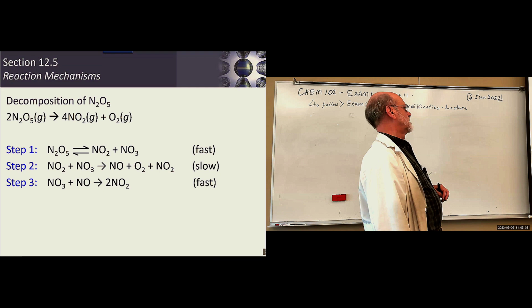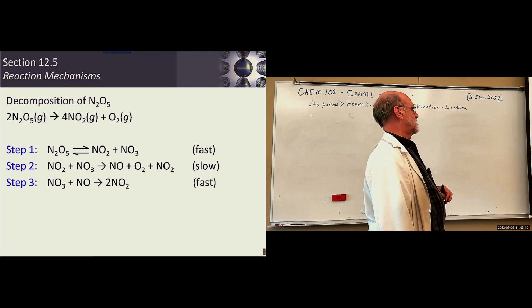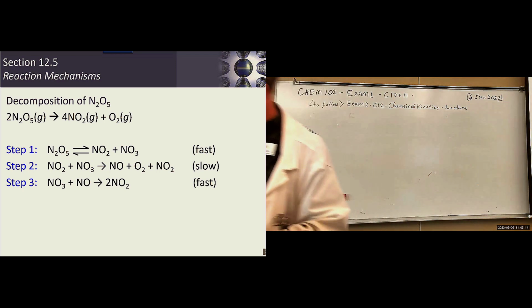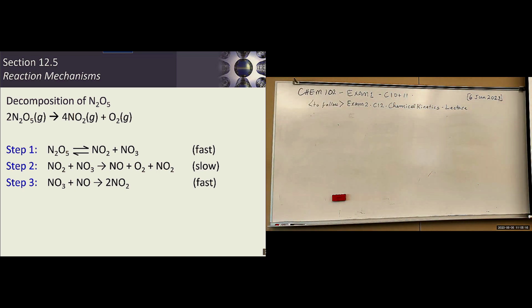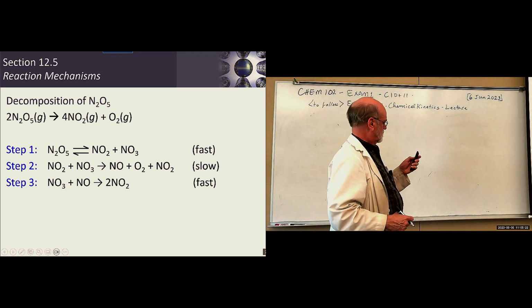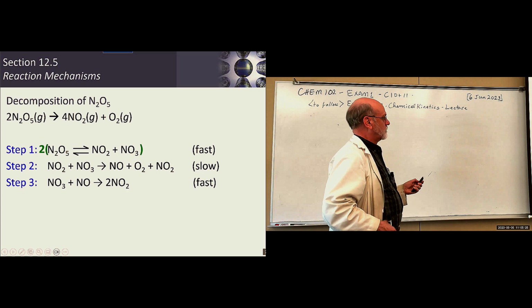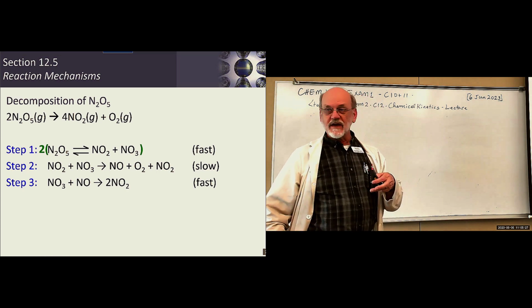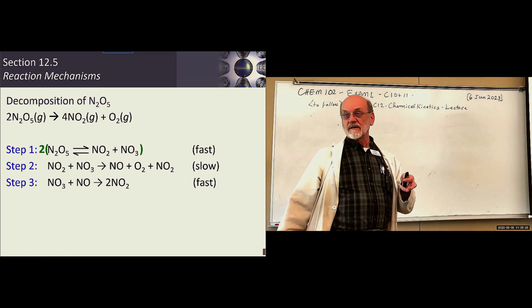We've got N2O5, let me see. Oh, okay. So I've got an animation here. There we go. So in order to add them together, we go back to Hess's law.